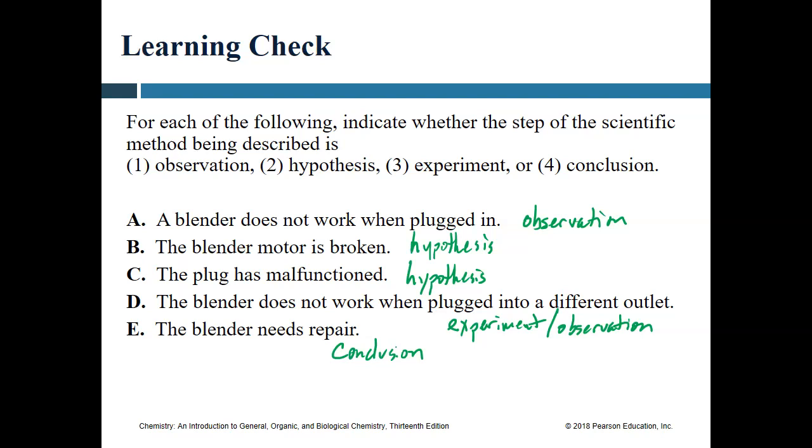So what we have to think about is experimentation will always involve some level of observation. There's going to be some level of data collection that goes into it. Now, sometimes the data collection is very quantitative. We're going to be collecting numbers on things. It takes 30 seconds to run 200 meters.